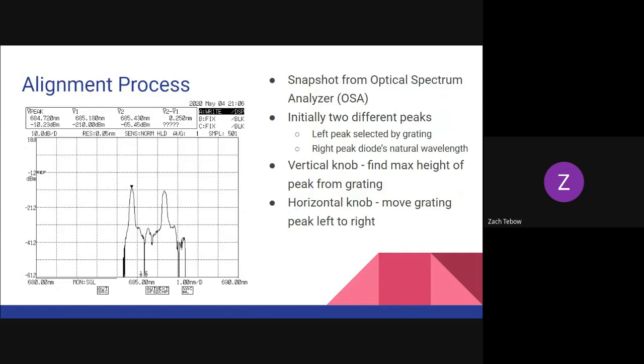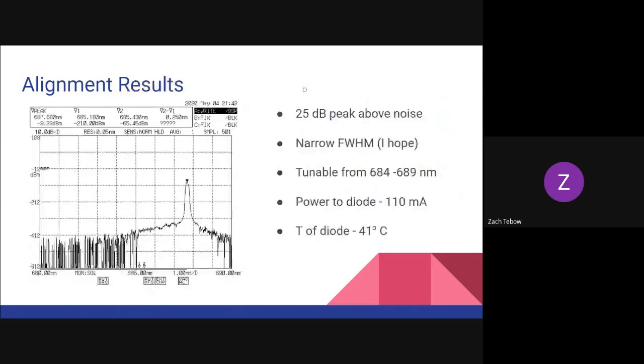After maybe another hour, a few more hours, a little more work and alignment, with both the horizontal and vertical mirrors to make sure light was being returned as well as it could be back into the diode, I got one nice laser peak here, which I can move between 684 and 689 nanometers.